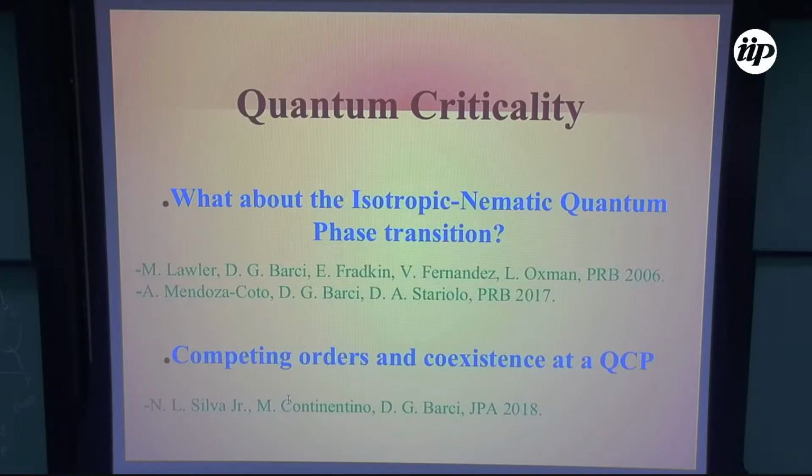And the other question related with that phase diagram is, what about competing orders? Competing orders between, for instance, nematic and superconductors, or charge density wave or magnetic order. But in this talk, I will talk about this first question that you can find in these two papers.